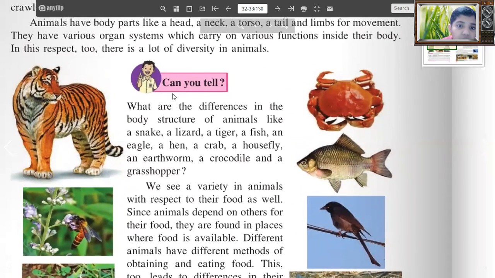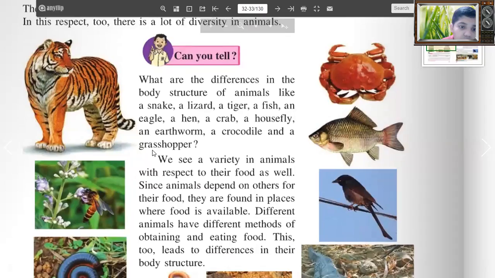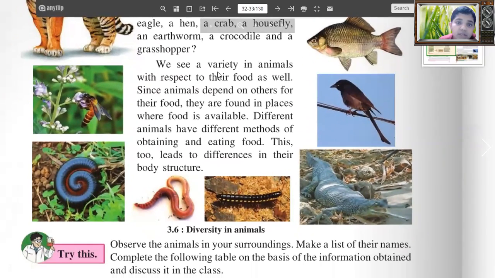Can you tell what are the differences in the body structure of animals like snakes, a lizard, a tiger, a fish, an eagle, a hen, a crab, a housefly, an earthworm, a crocodile, and a grasshopper? We see a variety of animals with respect to their food as well.